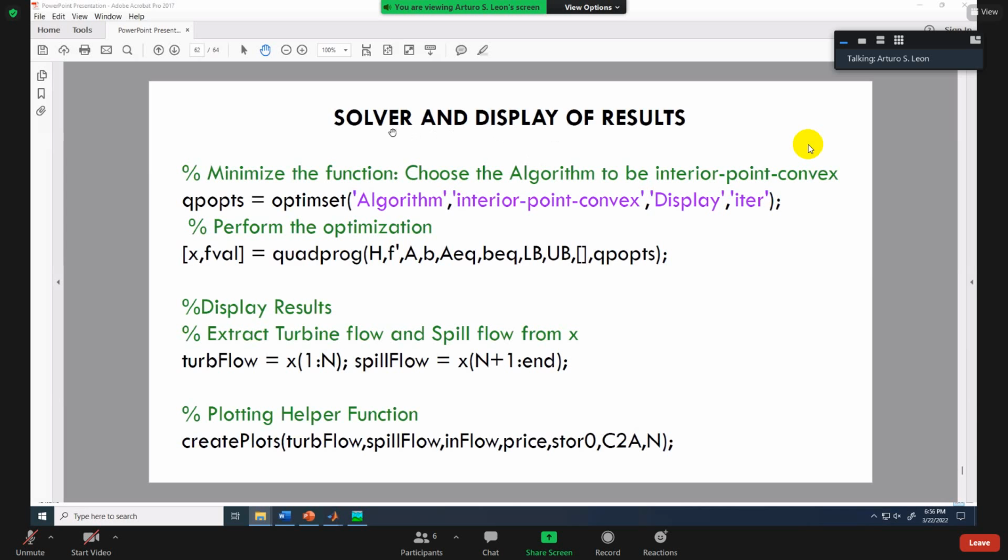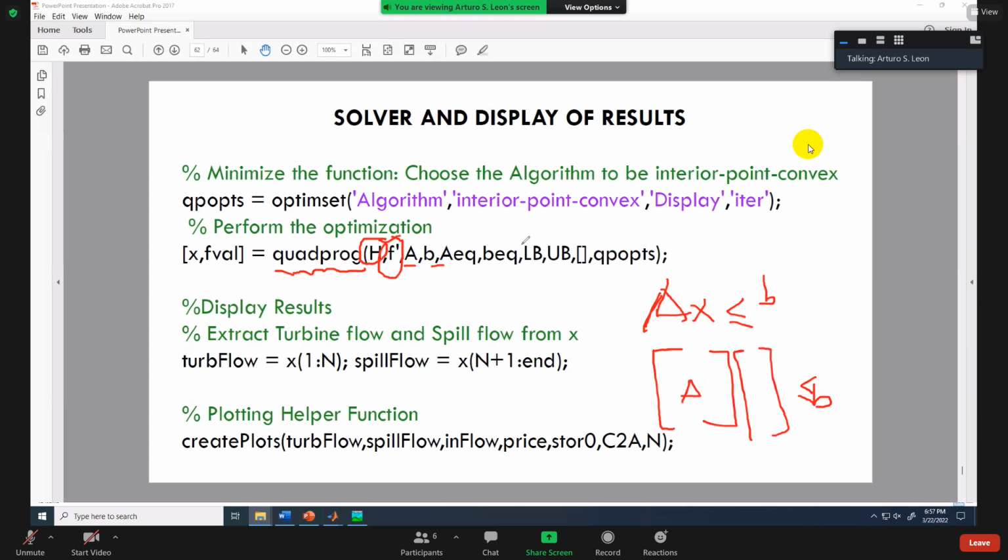And then this is a solver, how to set up the solver, and then display results. The solver is called quadratic programming here. And then you define the Hessian, you define the derivative, the AB, which is the AX, this is a matrix, A, this is the vector, smaller or equal than B. So the A will become a matrix like this, X will be the decision variables, smaller or equal than B. And this is the equality constraint.